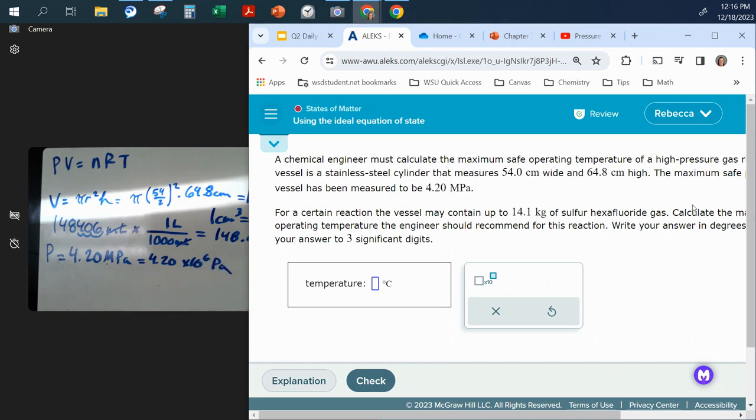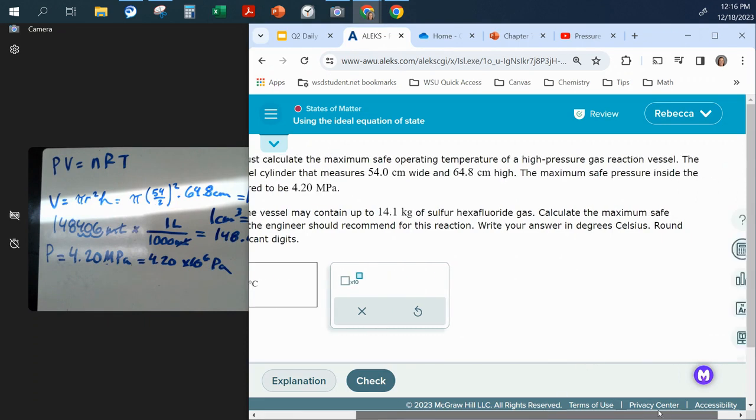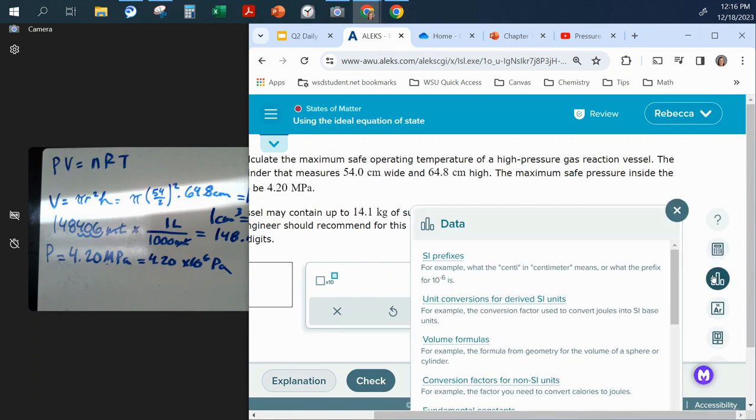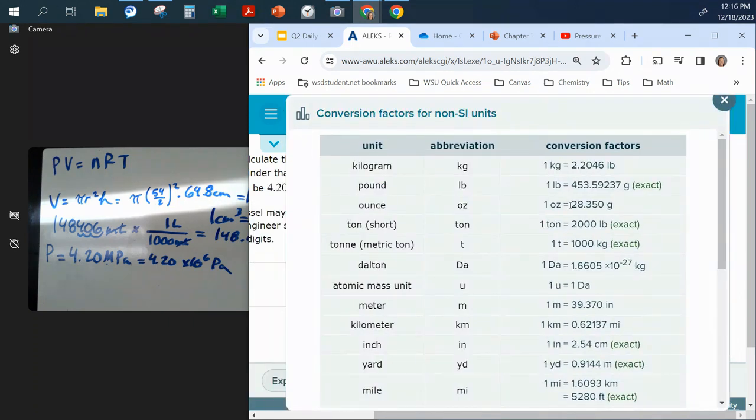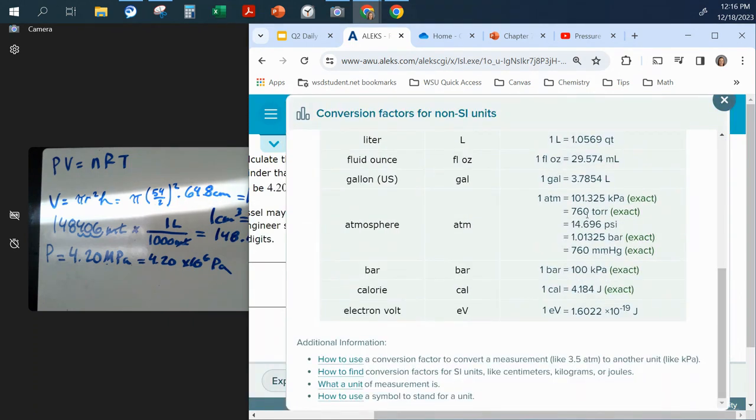And ALEX gives me a conversion for pascals to atmospheres. So, okay, I'm going to just make this 101,325 pascals.